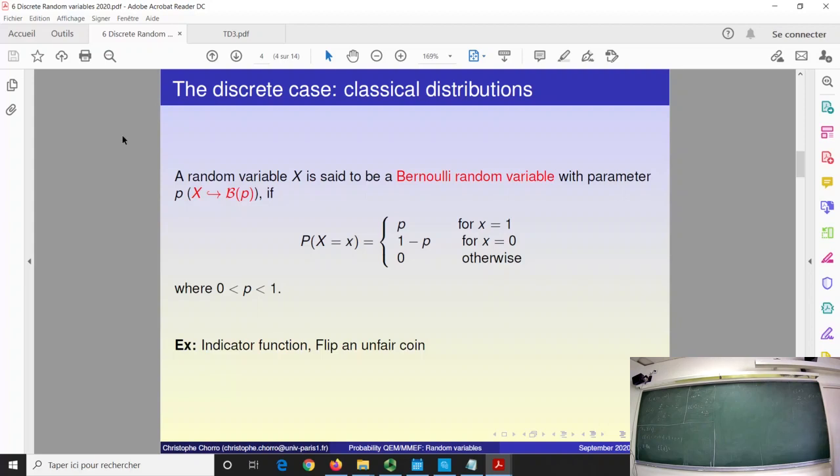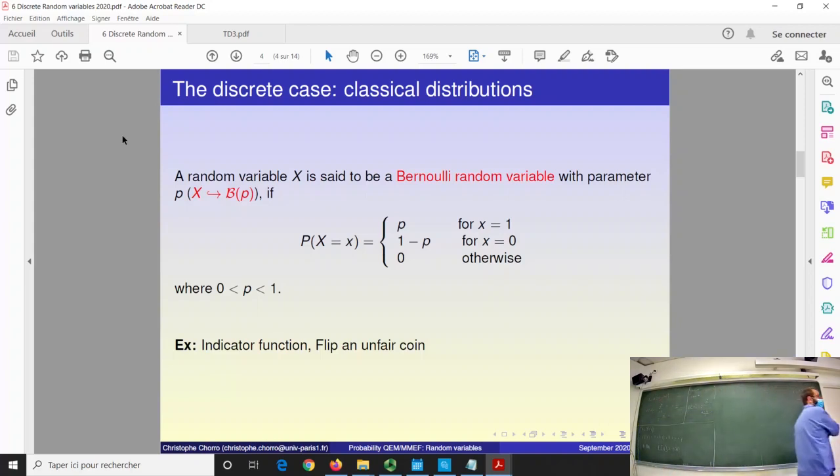We have seen together during the previous session that I proved that an indicator function follows the Bernoulli of parameter P of A. So the expectation of a Bernoulli being the parameter, the expectation of an indicator function is just P of A.